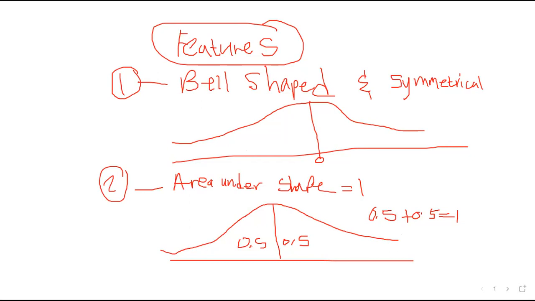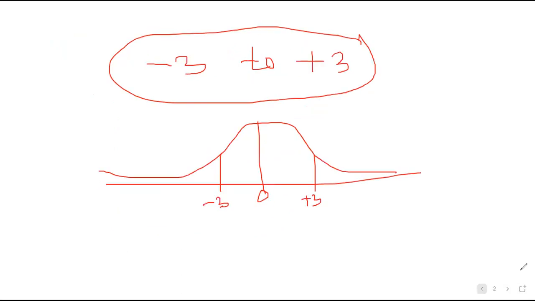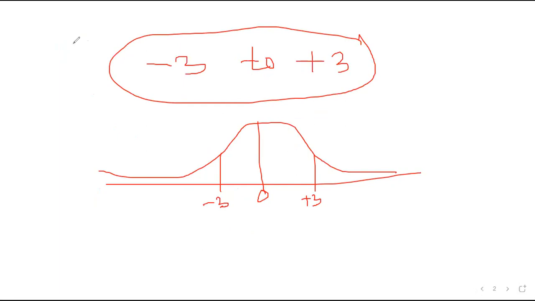On this one we use the standard normal tables. So the other feature is that we use the normal tables. So we have the ranges that are from -3 to +3.